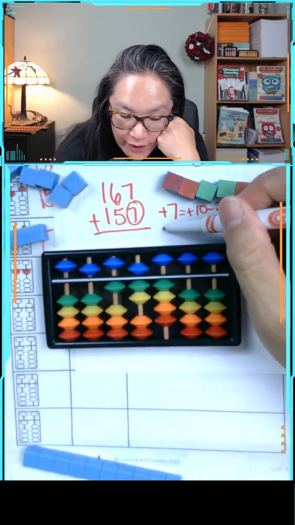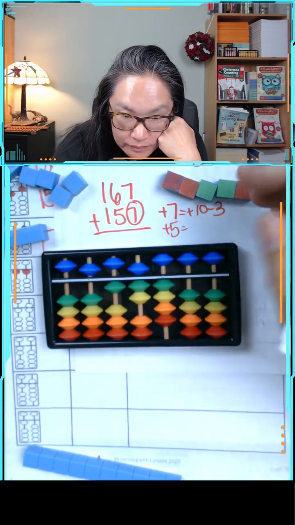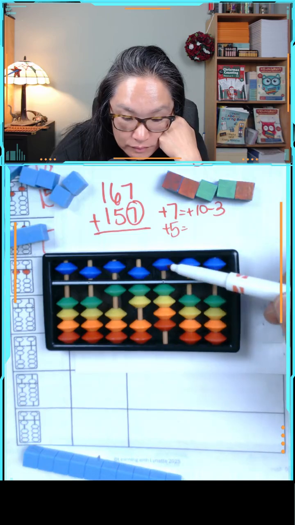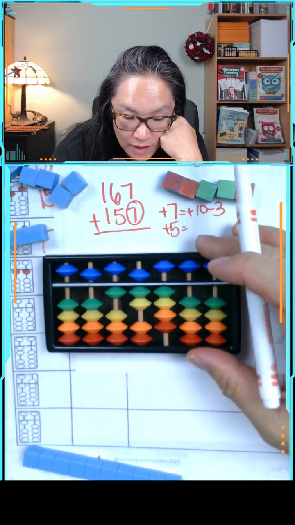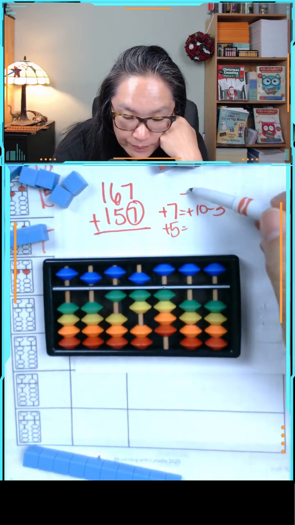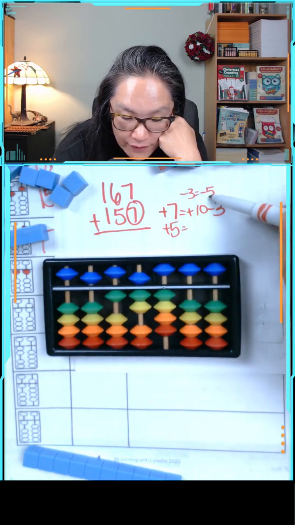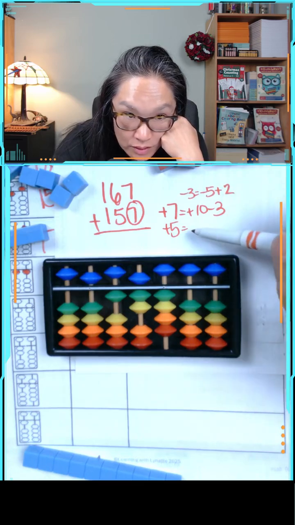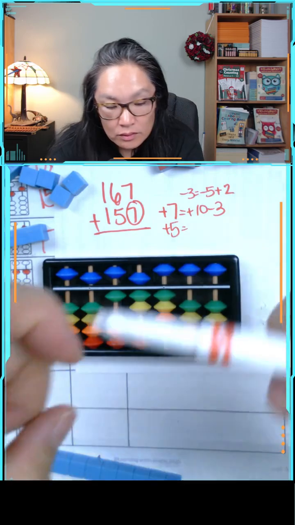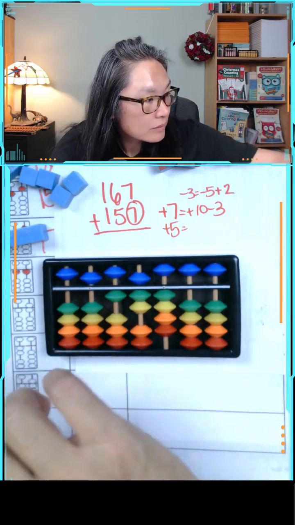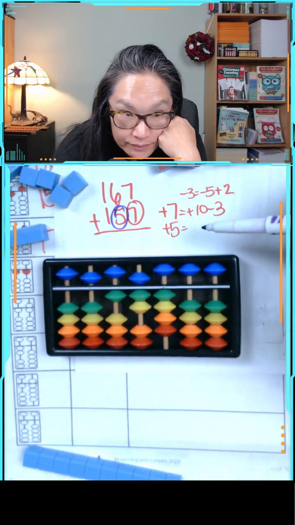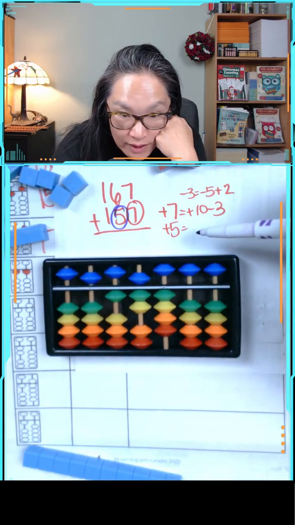How do you add the 5? Minus the 3 is what? Minus the 3 is equal to minus the 5 plus the 2. Now we're here. Now we're going to add the 5. Plus the 5 is what?